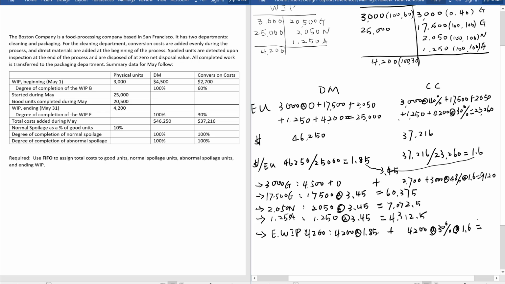Together, the total costs assigned to ending work in process are 9,786.